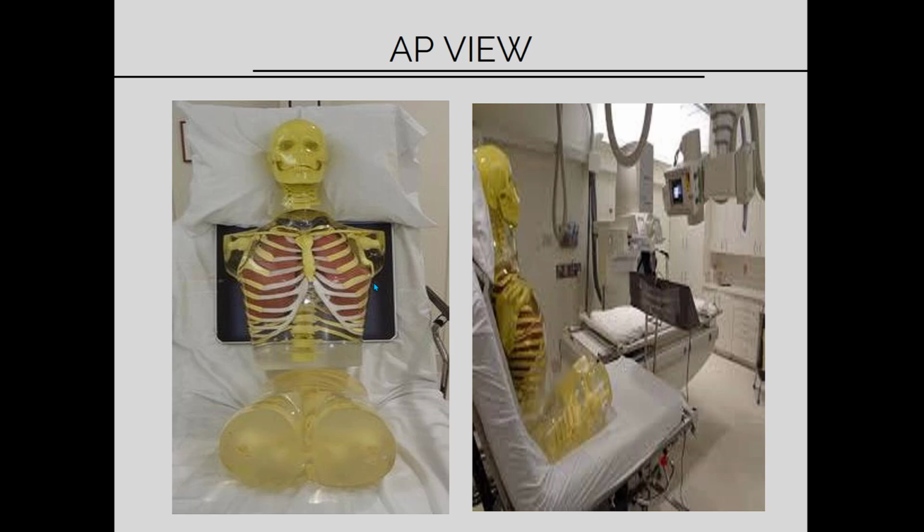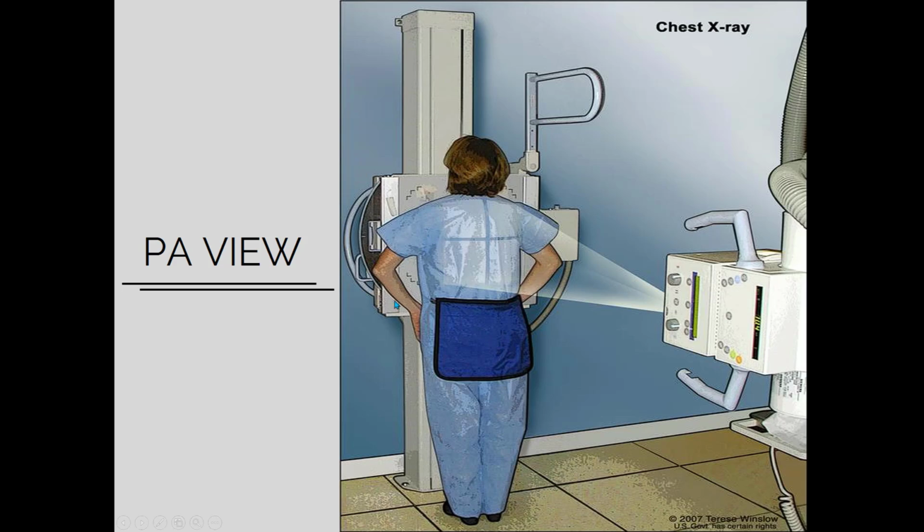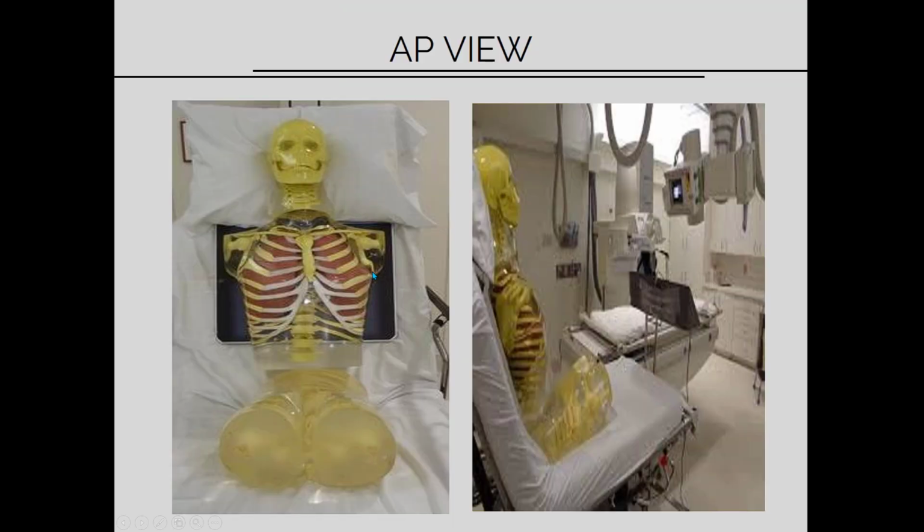In these we may not maintain the position of the arms, but usually the arms are by the side of the patient. They are not exactly in this position. Okay, that may be the reason that in AP view the clavicles appear a bit straighter. But that depends on the position of the arms. And that may be the reason that scapulae are usually over the lung fields in the AP view.